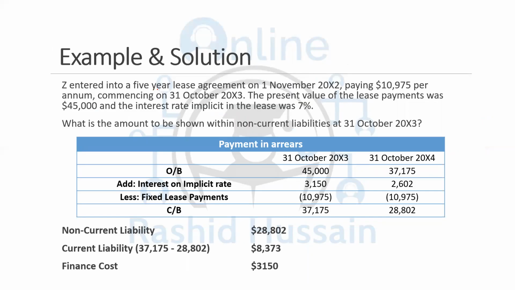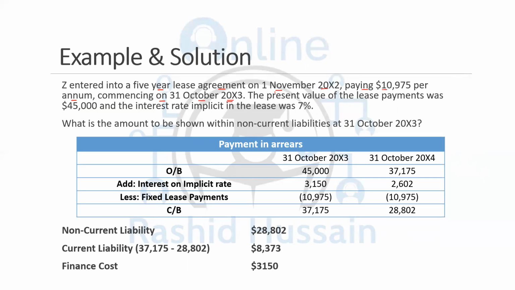Z entered into a 5-year lease agreement on 1st November 20x2, paying 10,975 per annum, commencing on 31st October 20x3. Now, in the exam, they're not going to use the term that they're making payment in arrears or in advance. You are supposed to get it yourself by just looking at the dates.